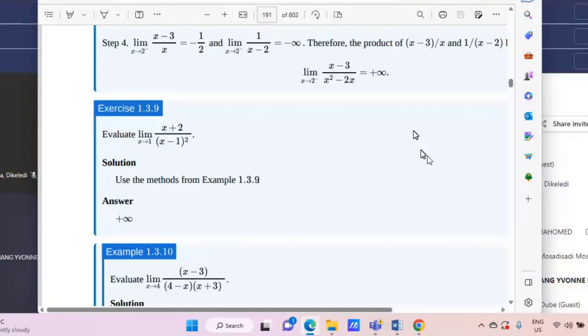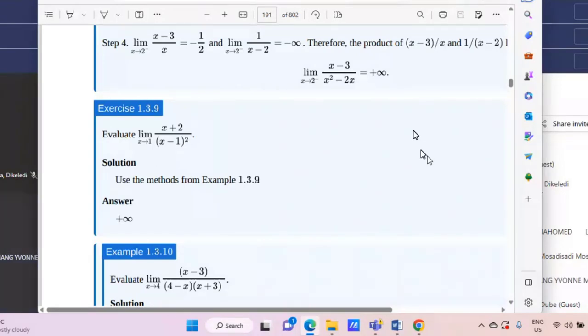Okay. Now, I agree with what you said. By direct substitution, when we substitute x with 4, we end up having 1/0. We all agree on that, ne? Yes, sir.